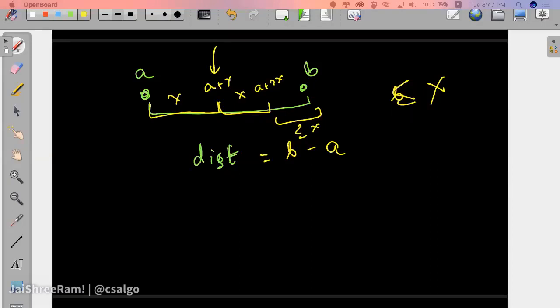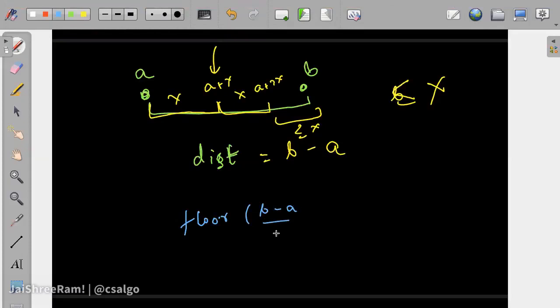Okay, yeah. So ceil of b minus a, floor of b minus a. A lot of two different values are coming up. How many points do you need to insert? Two functions: floor of (b minus a) by x, and ceil of (b minus a) by x, right?